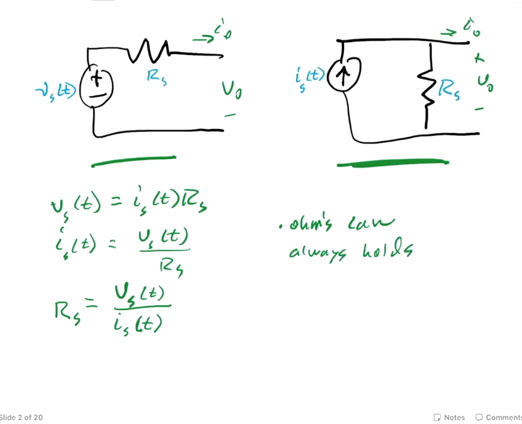It always works for us, and it's important. So if you know a voltage and you know a current, you know a resistance. Even if there is no physical resistor, even if you have a complicated circuit with all kinds of other things in it, once you have a voltage and a current, you know a resistance.